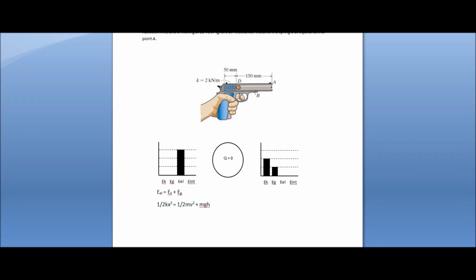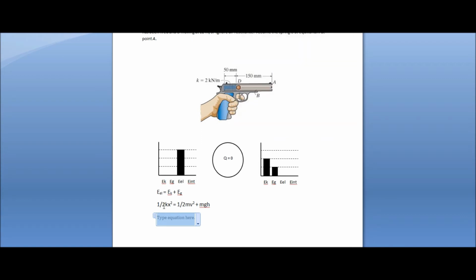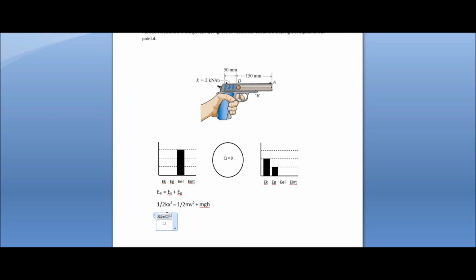To do this, we're actually going to make an equation because it's going to get a little crazy. I'm going to change these 1/2s to 0.5s. So we're looking at 0.5 kx squared, and then we're going to subtract this stuff over here, so minus 0.5 m v squared.